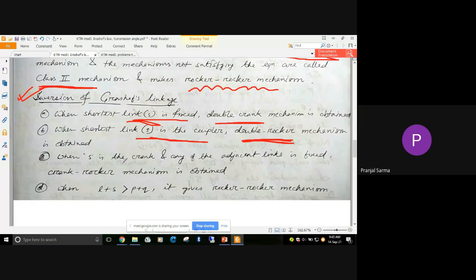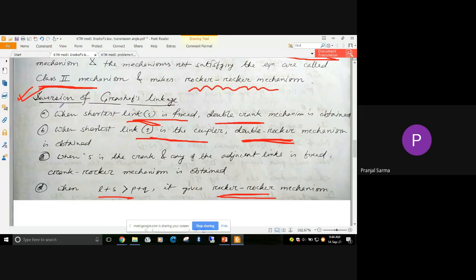And when the shortest link is the crank and any of the adjacent links to the shortest link is fixed, we get a crank rocker mechanism. And if that particular situation is not happening, that means it is not satisfying the Grashof equation, then we get a rocker mechanism. So these are the four types of inversion of Grashof linkage.